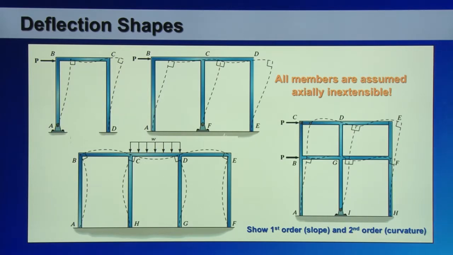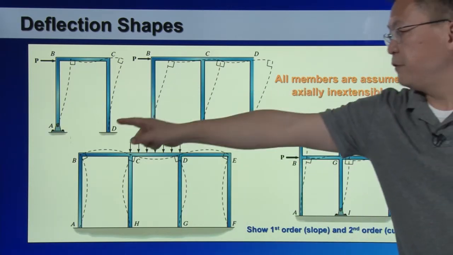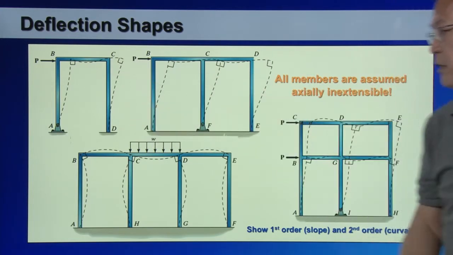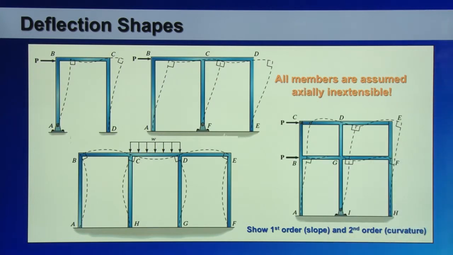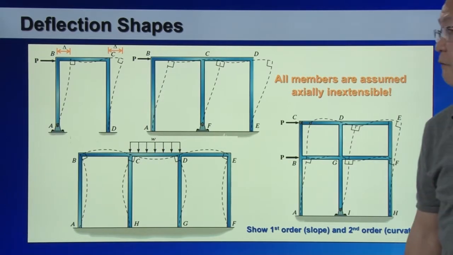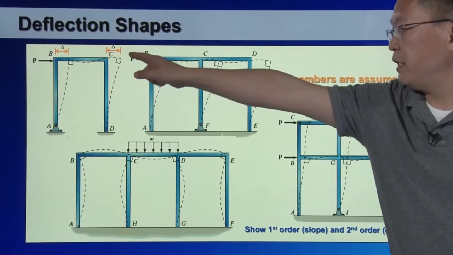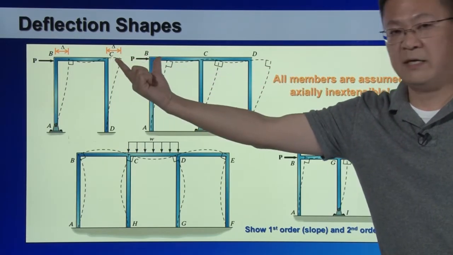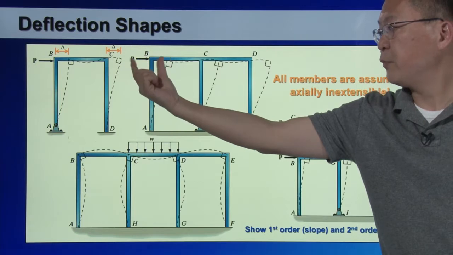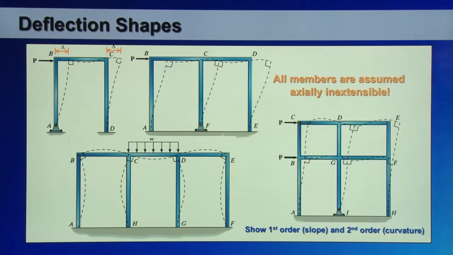So as a result, for instance, if we take a look at this single frame under a horizontal force of P, because of the inextensible assumption, the horizontal displacement of B has to be equal to the horizontal displacement of C, because the BC component cannot be compressed or elongated.